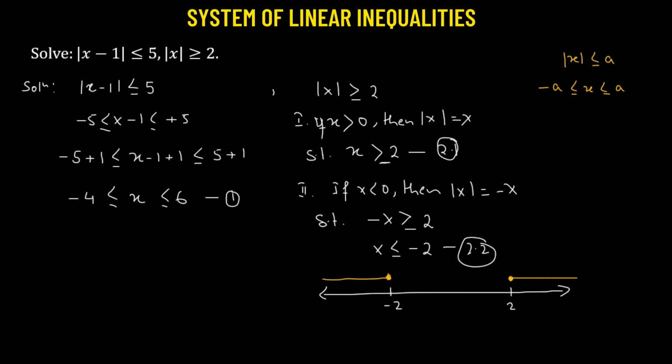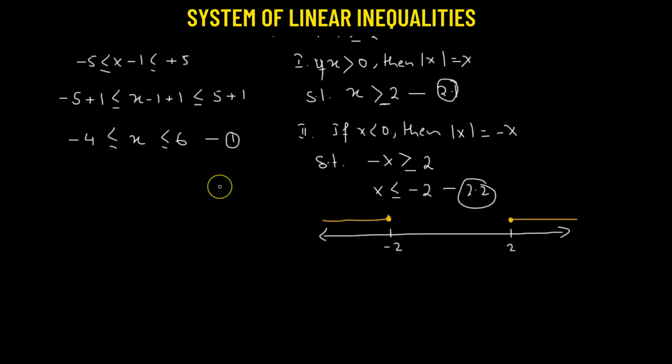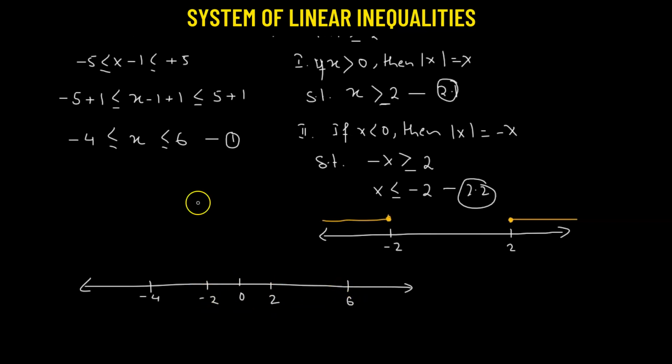Now we will combine the two solutions and find a common solution which satisfies both 1 and 2.1 and 2.2. So let's do that. For this, we are going to consider a big number line. So here we will consider negative 4, negative 2, positive 2 and 6. So from number 1, we have x lying between negative 4 and positive 6.